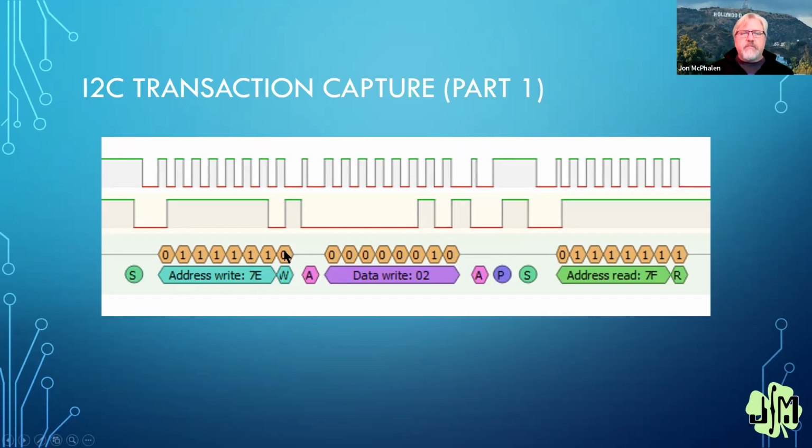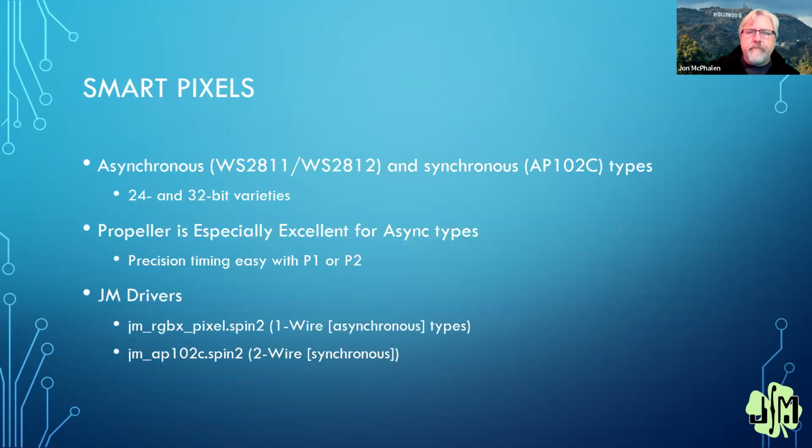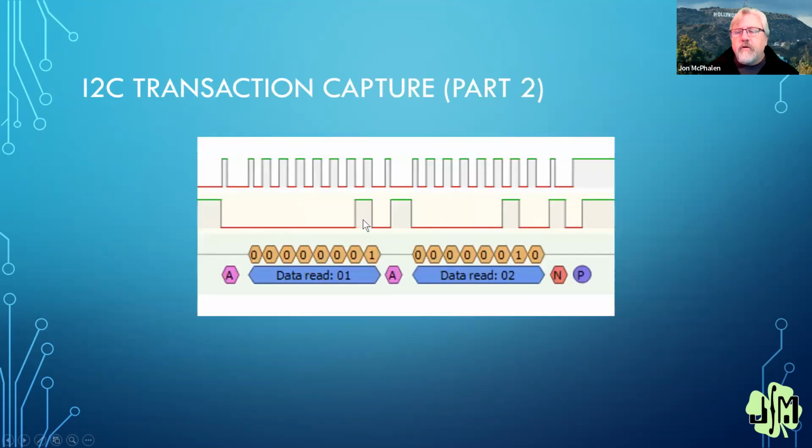You notice that this bit is 0, and here's the same address, and the read bit is set to 1. So everything after that is going to be a read. So there's a couple little niggly rules, but they're easy. And there's that data that was coming back. Okay, questions on I2C? I know we're going very fast because we want to get to the fun stuff.